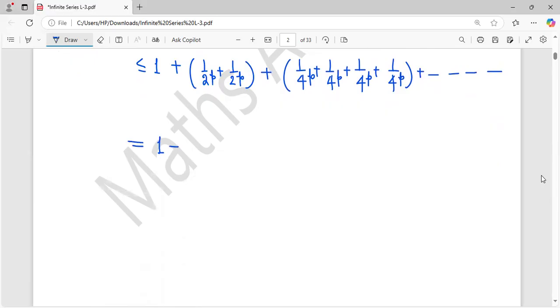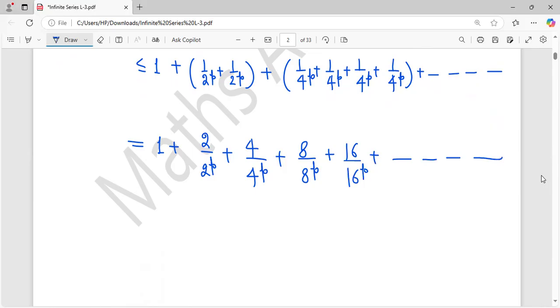So what is this? This is 2 upon 2 to the power p, and this is 4 upon 4 to the power p. Then what will be next? 8 upon 8 to the power p will come, and then 16 upon 16 to the power p will come. It will go like that. So this is 1 upon 2 to the power p minus 1. This is 1 upon 4 to the power p minus 1. This is 1 upon 8 to the power p minus 1.